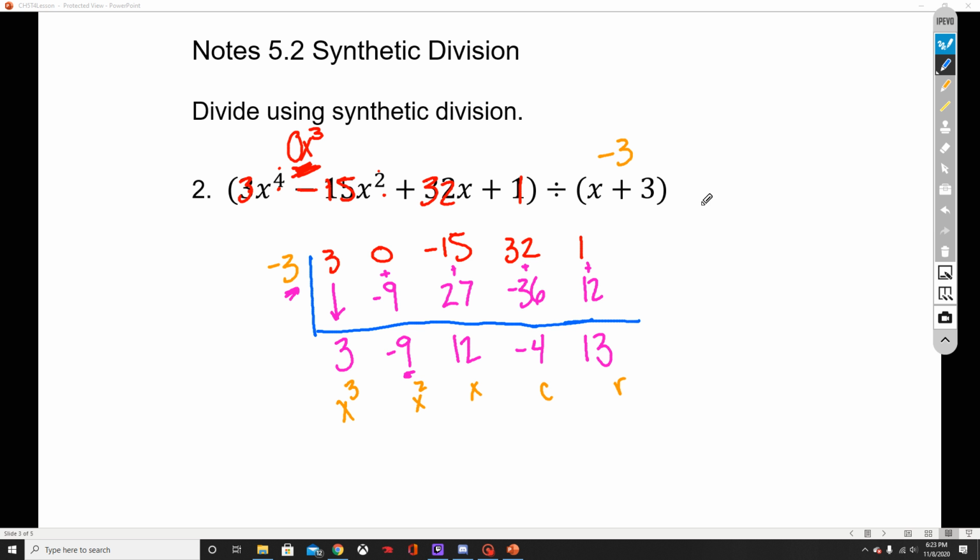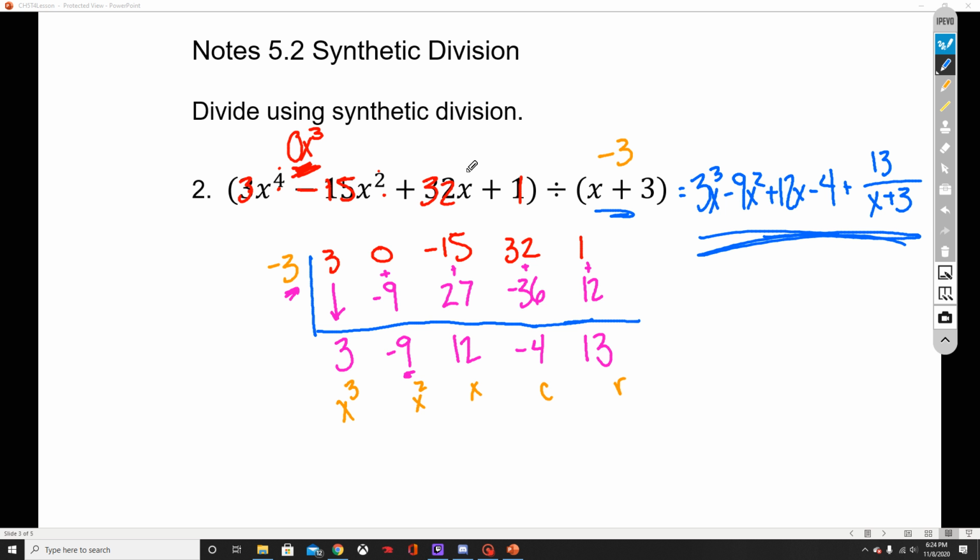So we can say that when we divide 3x to the fourth minus 15x squared plus 32x plus 1 by x plus 3, what we get is 3x cubed minus 9x squared plus 12x minus 4, and then we have a remainder, and that is 13, and that's going to go over our divisor, x plus 3.